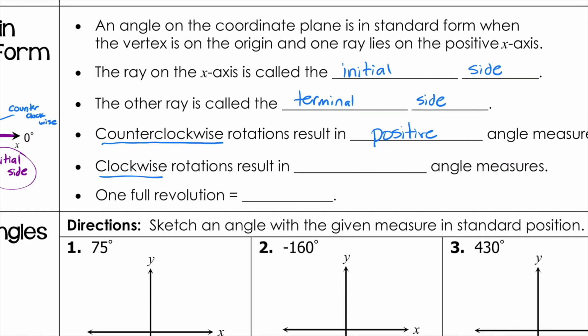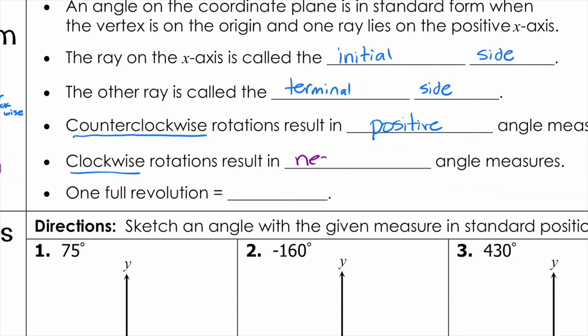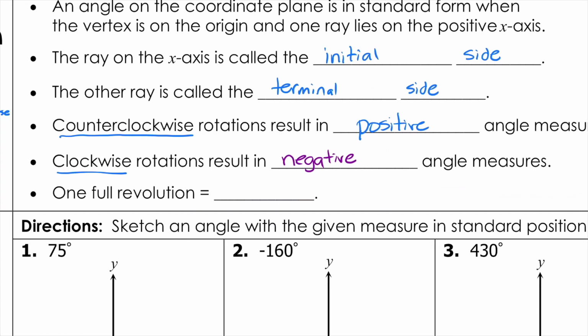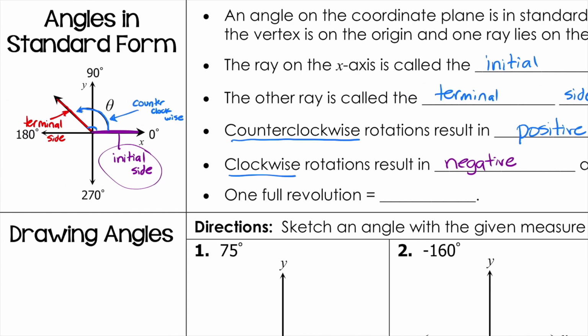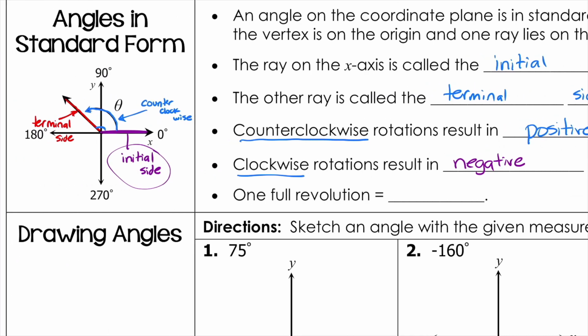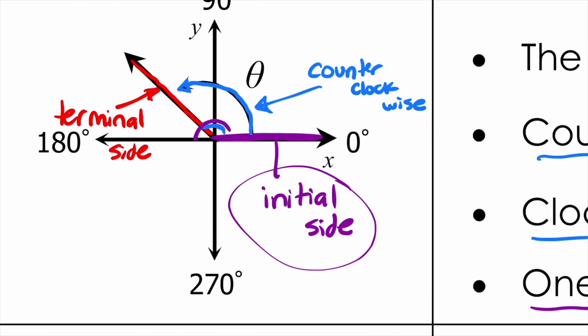Clockwise rotations result in negative angle measures. If you're a skater or if you've seen sports where people spin, what would a full rotation all the way around be measured? It'd be 360 degrees, right?